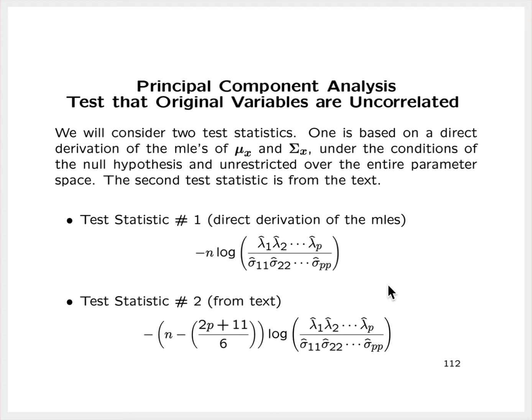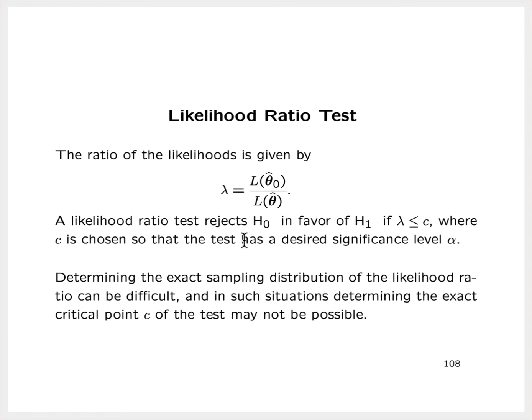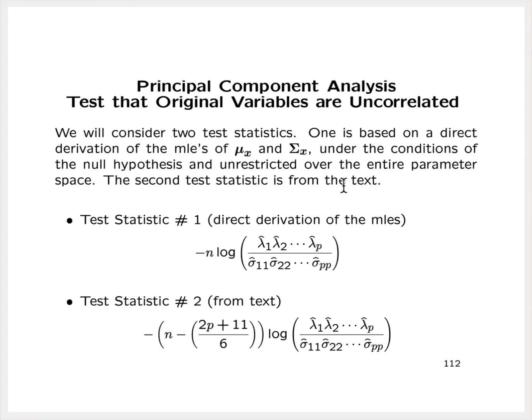Now, the test statistic for this likelihood ratio test in general is minus 2 times the natural log of the likelihood ratio lambda, which again is that ratio of the likelihood functions. In this situation, it simplifies to specific expressions that we can then use. There's more than one version of the test statistic.